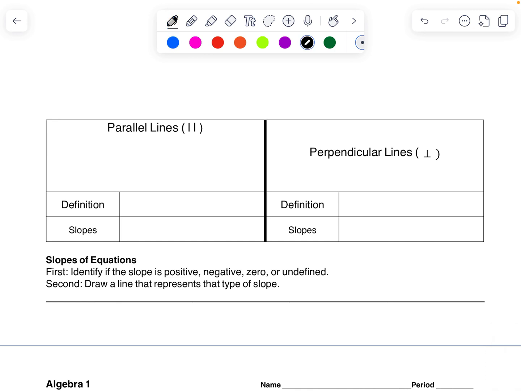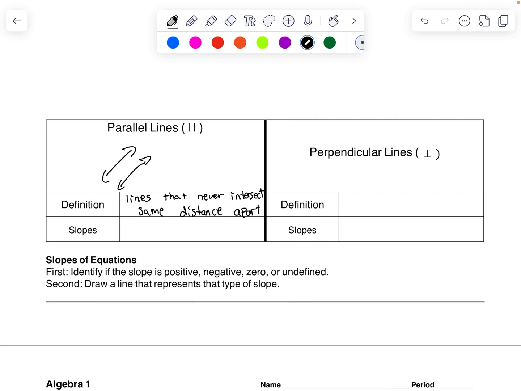Parallel lines. So, right, an example of parallel lines would be something like that. Okay, definition: lines that never intersect. They stay the same distance apart.